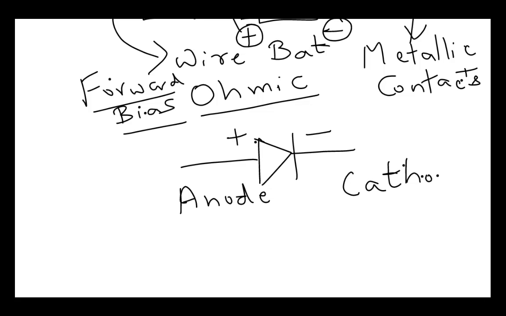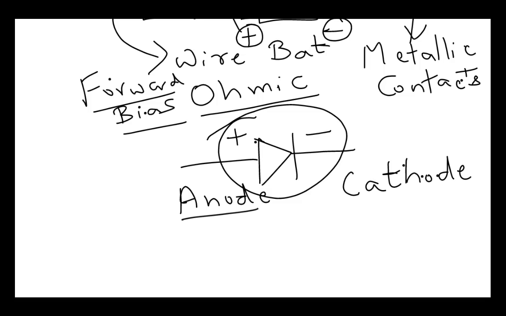So in diode circuits, you will always see this symbol and you should be able to recognize it as a diode. The metallic contacts connected to P or N sides denote the connections of diode with external circuits. So these anode and cathode terminals are called electrodes.